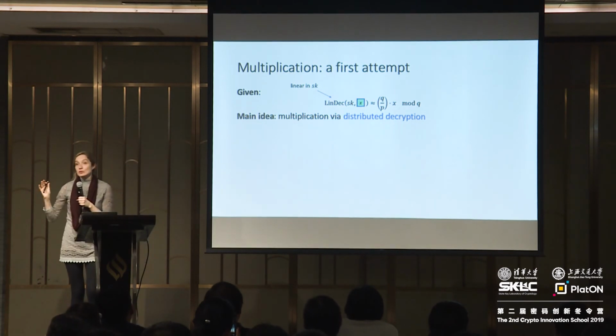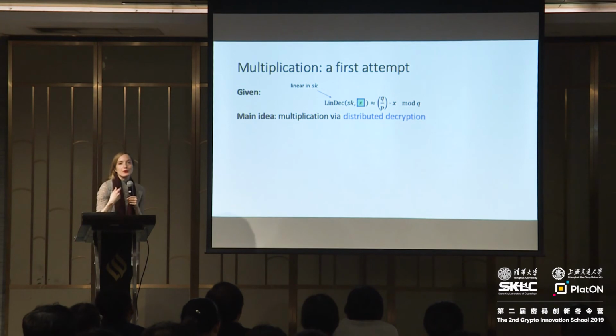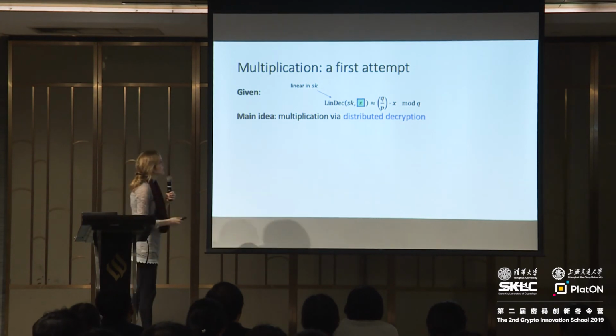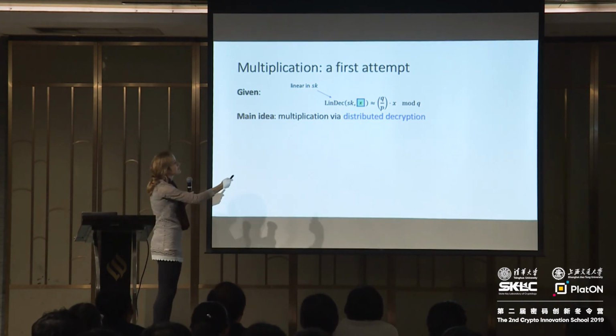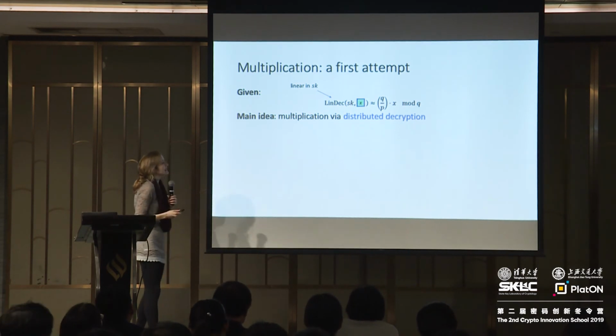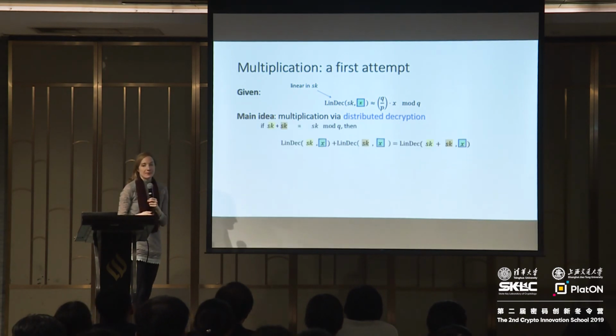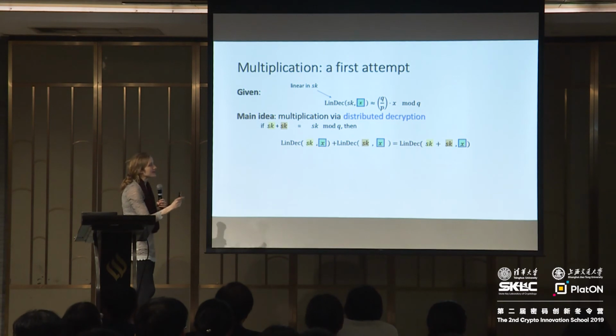We'll start with such an encryption scheme and try to figure out a first attempt at getting multiplication. Remember that this function is linear in sk, and the idea is to emulate multiplication by decrypting with pieces of the secret key times something. Let me explain.